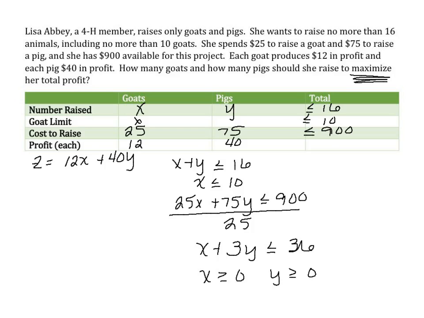So let's transform these equations over to our next page here. Again, our z function to help us determine how many we get is 12 per goat and 40 per pig. Okay, so we have x plus y is less than or equal to 16.